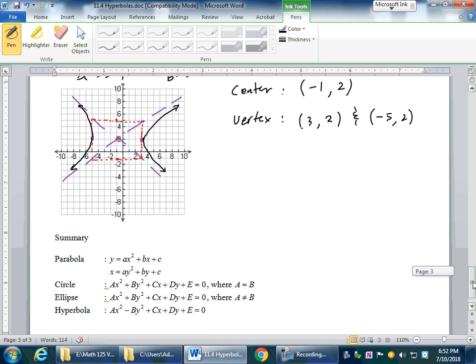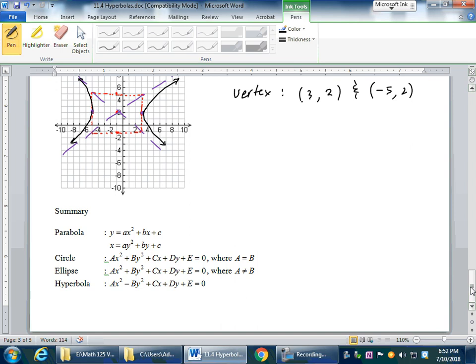So in summary, we know that if the parabola is y equals x squared, then the parabola will be opening either upward or downward. If it is x equals y squared, then we know that the parabola will be opening left or opening to the right. For the circle, in the general form, x squared plus y squared, where the coefficients are the same, right?